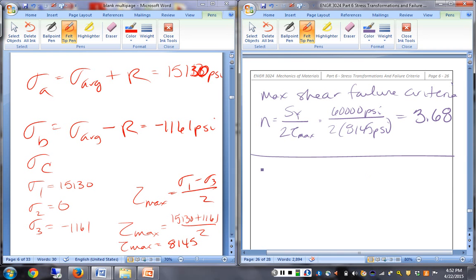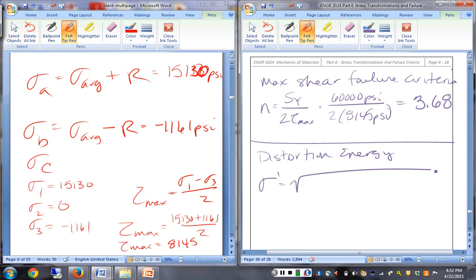Okay, what's my other criteria? My other criteria is this distortion energy, or von Mises, which means I need sigma prime. I need my von Mises stress. I can either use sigma A's and B's, or I can use sigma X, Y, tau. I'm going to choose to do the sigma X version. Why? What's sigma Y? It's 0.